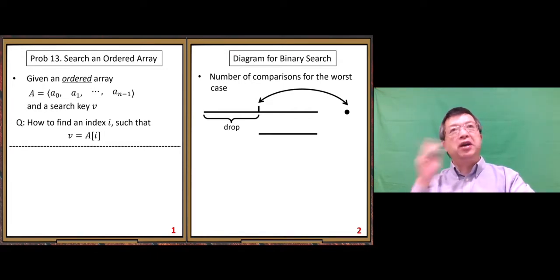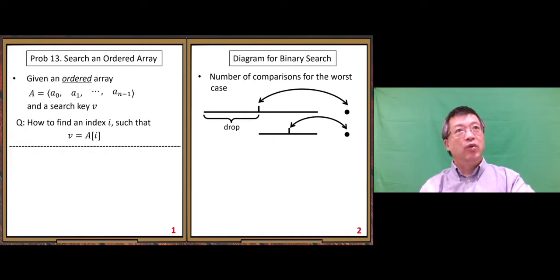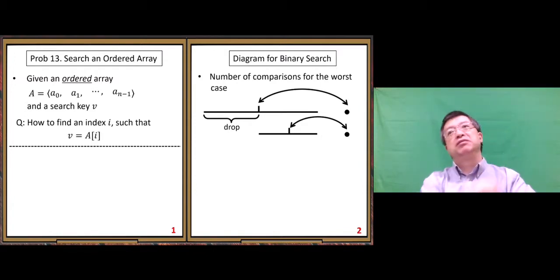Now we do the second comparison. Worst case, that means we need to keep going. We will not stop in the middle. We will keep going all the way down to the last element. Only one left, then we stop. That corresponds to the worst case.